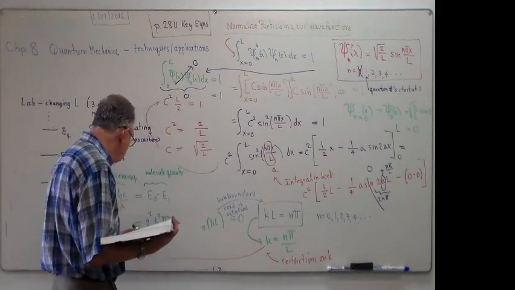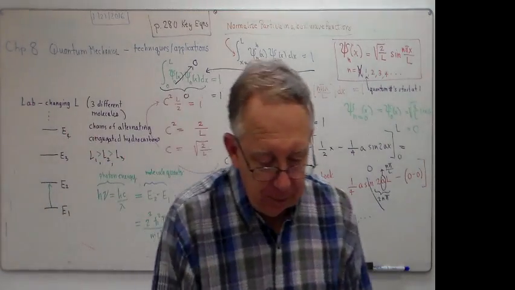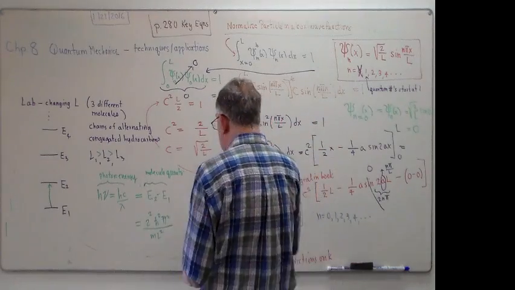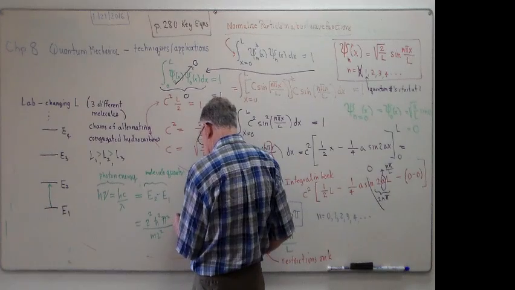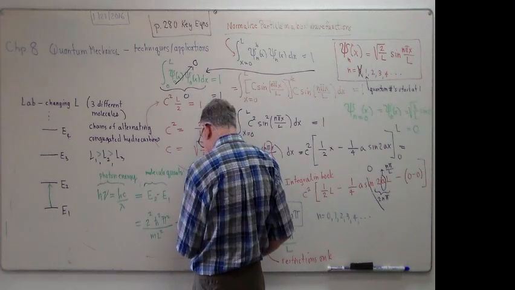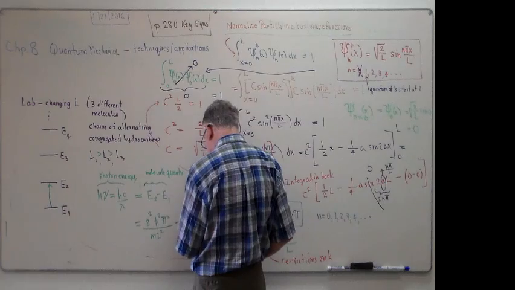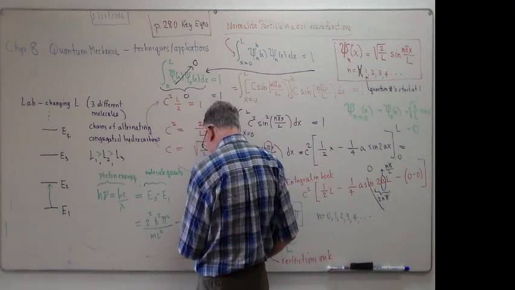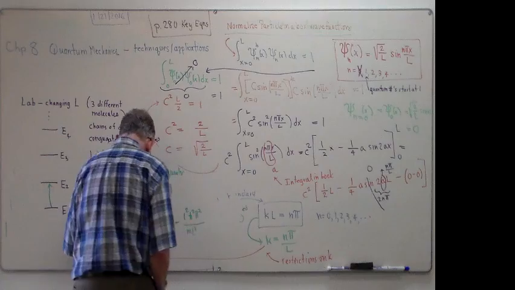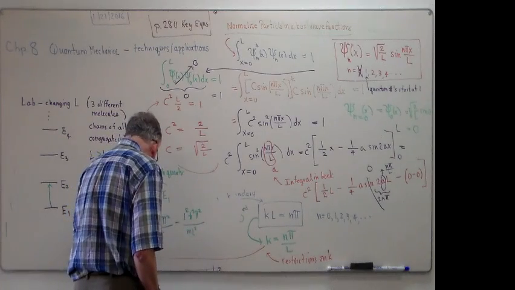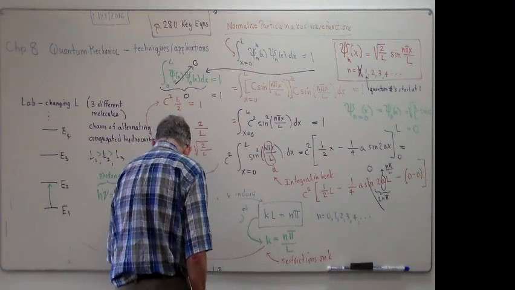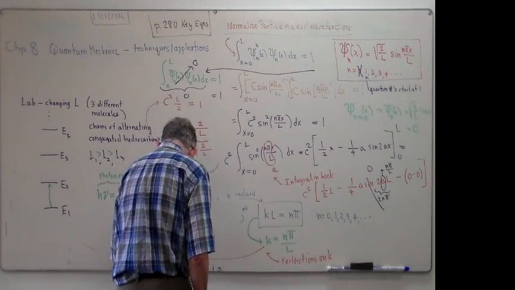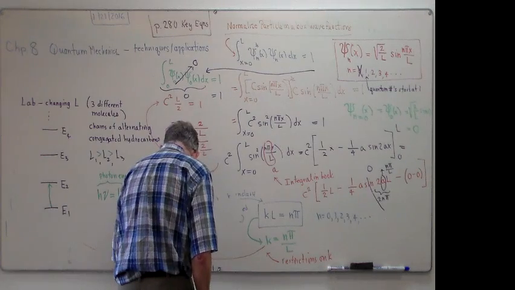Yeah. Or is it 2 mL squared? It's 2, so the n squared is 2 squared, and then it's minus 1 squared, h bar squared, pi squared, over mL squared. And so this is 2 squared minus 1 squared times the quantity h bar squared pi squared over mL squared.